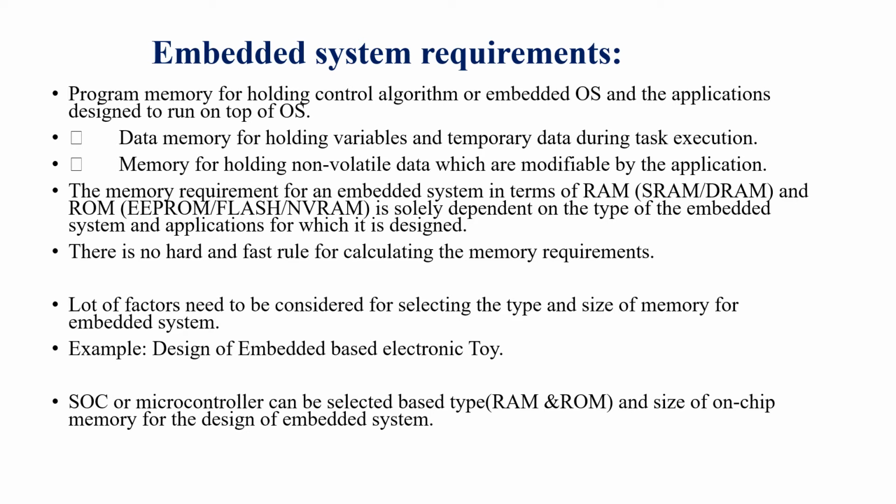So, giving one example, design of an embedded based electronic toy. So nowadays we have all the toys which are related to electronics, like robots, small robots, battery cars, battery toys. So nowadays there are some toys which will move, some cars which will move, and when that car touches the wall or any object in front of it, it automatically goes back and again changes the route and goes.